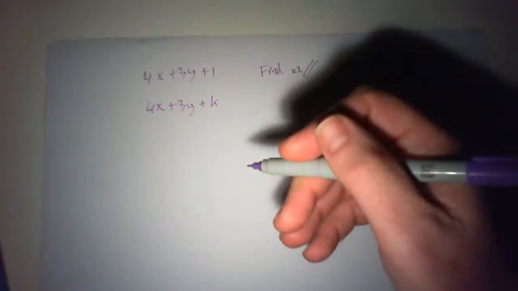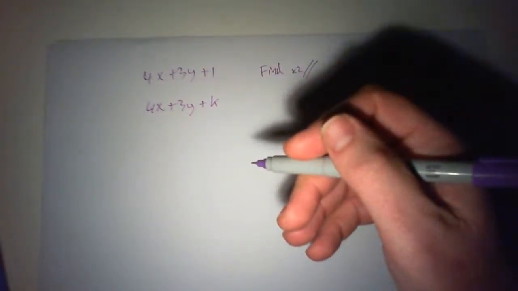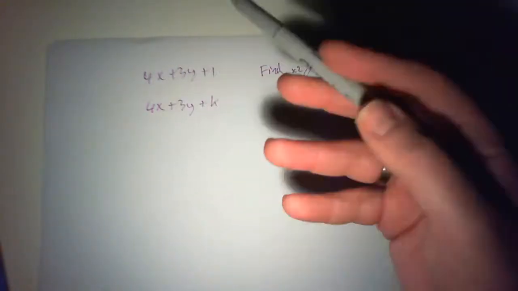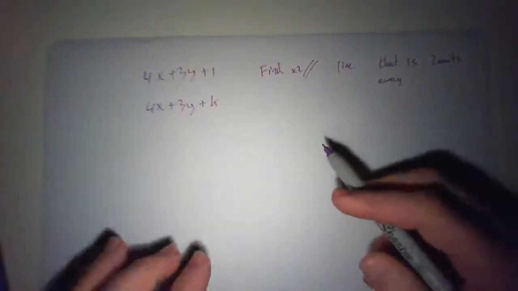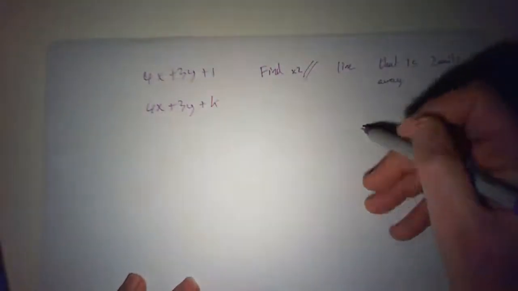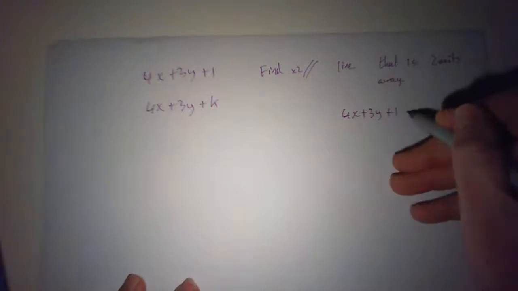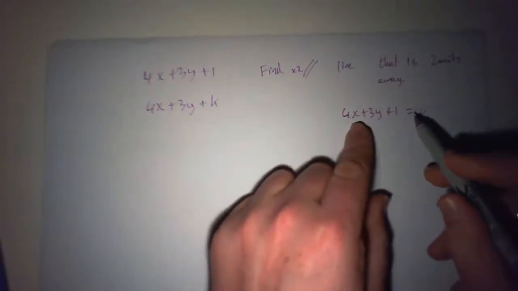I don't know, whichever way you want to go for it. Let's find a point on this line. I want to try and find an easy one. So let's have a look.